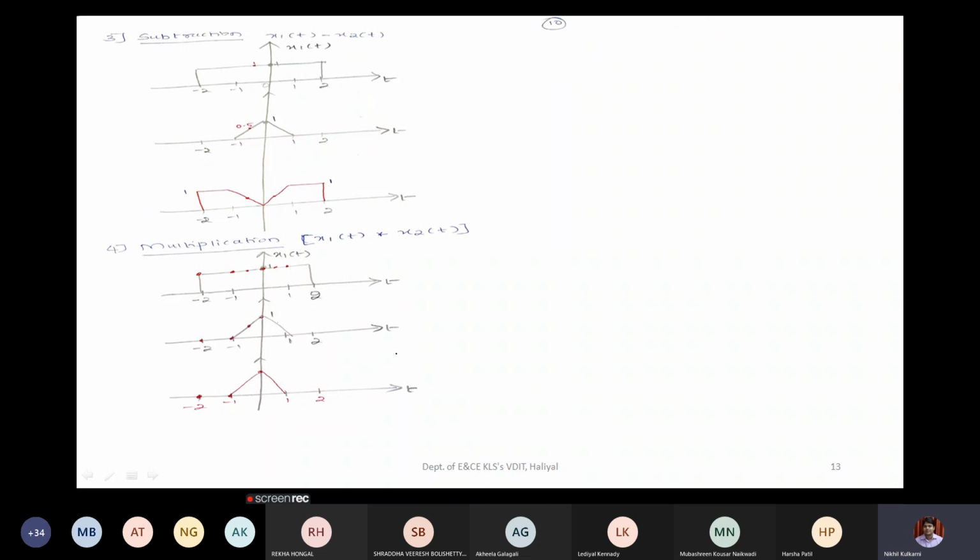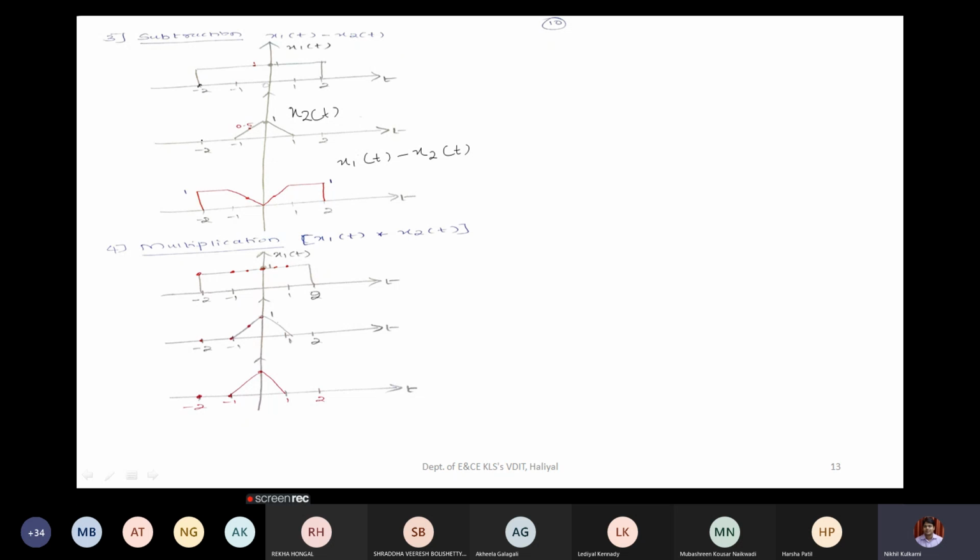Next, consider subtraction. Subtraction also we carry out with respect to the amplitude only. Same signals, so how do you do it? x1 of t, this is x2 of t, and we want x1 of t minus x2 of t. Start from -2.